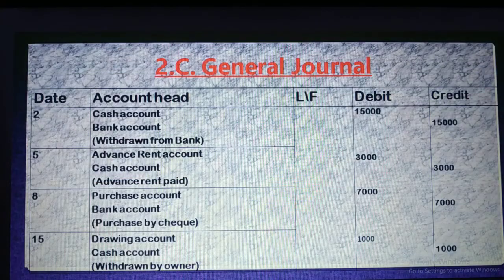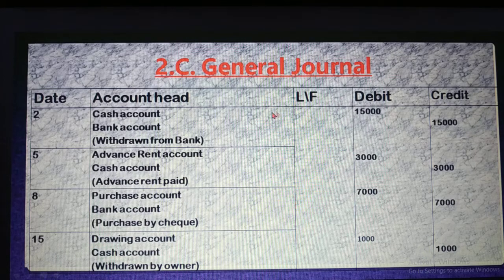Now, general journal. For doing a general journal, dear student, we need to determine debit and credit, and the format of the general journal is date, account head, LF, debit and credit. That means in the general journal there are 5 columns. In the first column we write the date, then the account head, that means the related account, then LF.